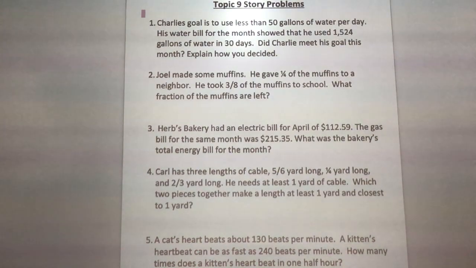So less than 50 gallons, would 50 be okay? No. It says less than 50. Is 50 less than 50? No. Would 49 be okay? Yes. Okay. Max, what else should we underline? 1,524. Good. 1,524 gallons in 30 days.